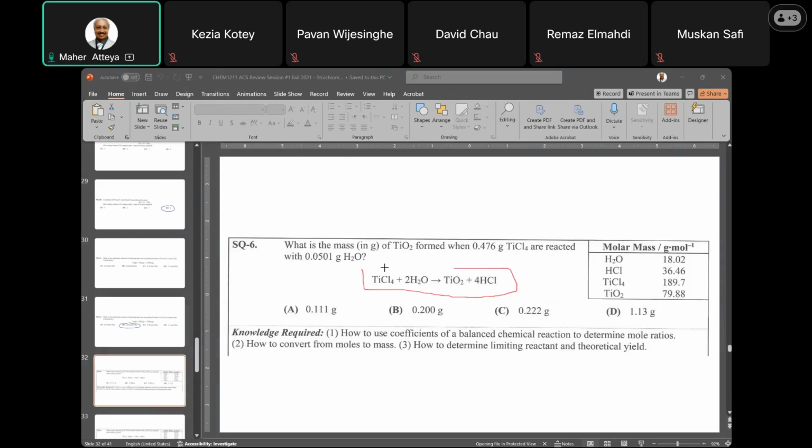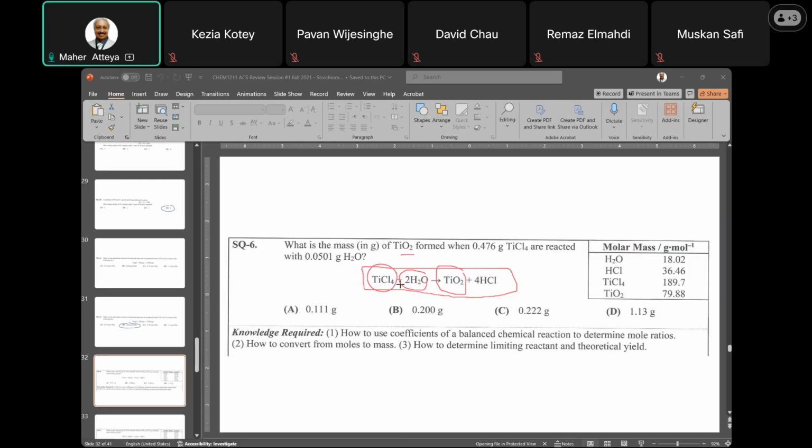So if you look at limiting reactant, you will take the mass of the product when this is reacted with this. So you have the reactants given to you in their grams. This is grams of TiCl4 and grams of H2O.